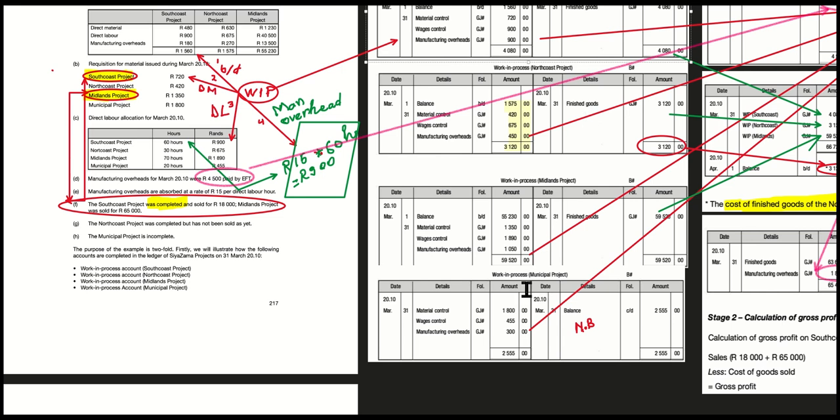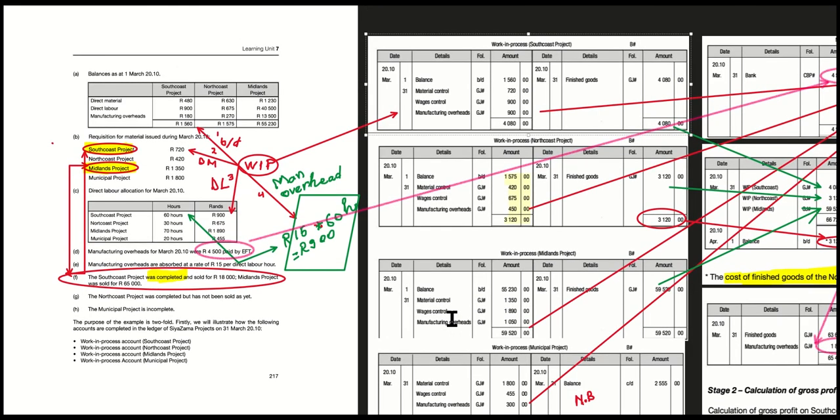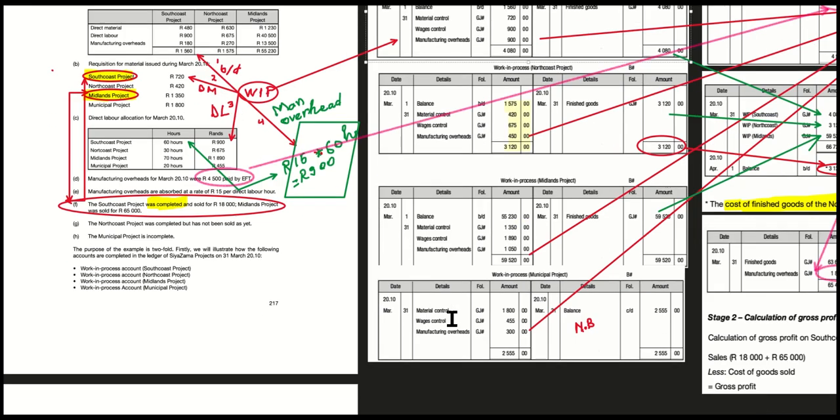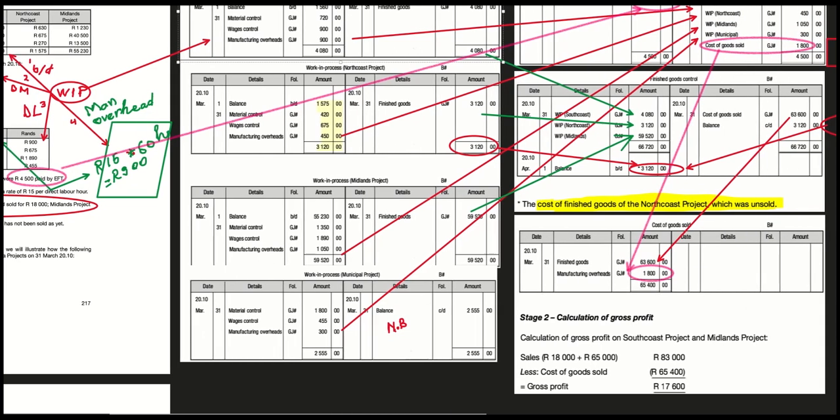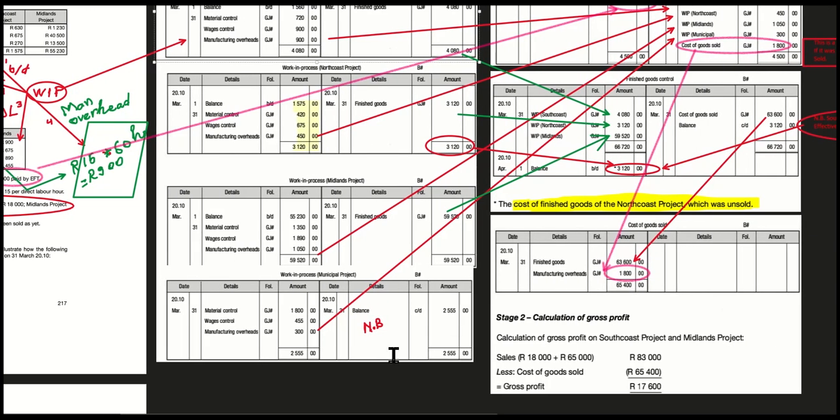For the municipal project, you just need to remember that we did not have an opening balance, but we had material control, we had wage control, we had also manufacturing overhead. So all that is tallied up and added, and we get the total. But if you look well, there's a balance there.